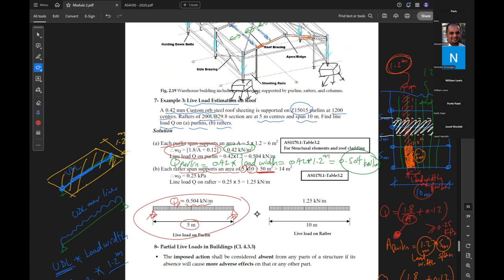Okay, so Q will be 0.25. If you go to the standard, there is a note underneath. If the area is more than 14, the value will be less than 0.25. So what is the value you should take? 0.25. For example, if we try it, maybe we don't know this note. So Q will be 1.8 over 50 plus 0.12.